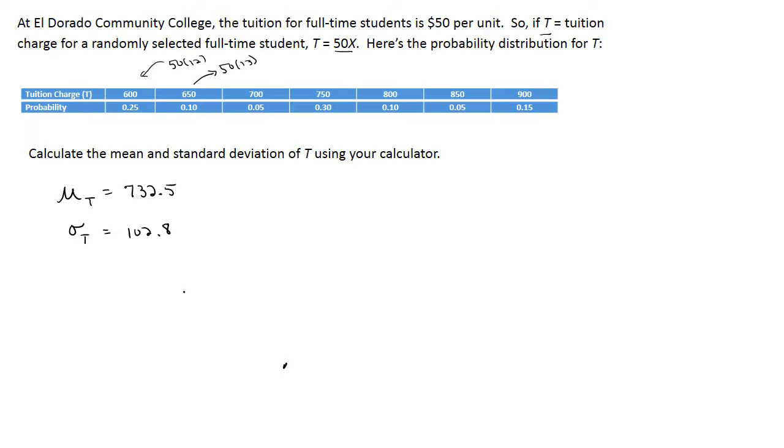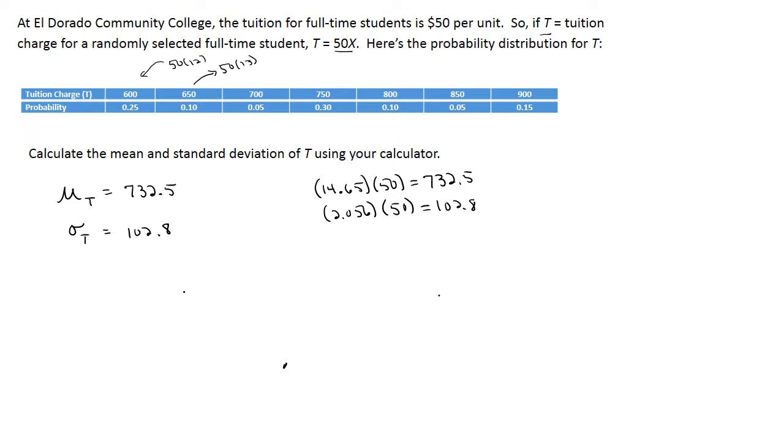You're probably wondering, what's the significance of that? Well, if you look at the mu we had before, it was 14.65, and if I multiply that by 50, you may not be surprised to find that that's 732.5. And if I take the standard deviation from before and multiply that by 50, I get 102.8.